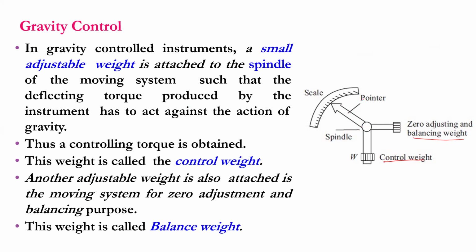When the pointer moves, this also moves with the perpendicular structure like this, towards the control weight and balance weight. Here the controlling torque is directly related to sine theta, whereas previously for the spring, controlling torque is directly related only to the angle of deflection. Whereas this one is a sine angle.